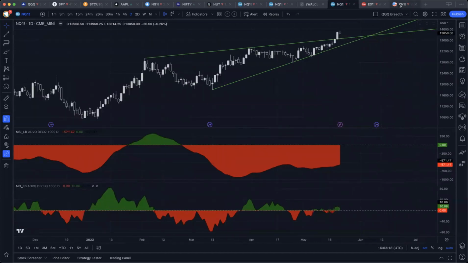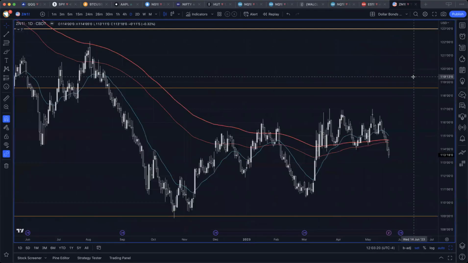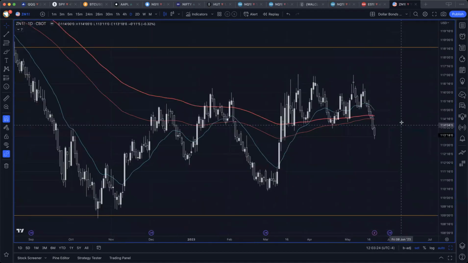Okay. The second reason is bonds. If we go over here and take a look at the 10-year notes, they really broke down last week below support that held in April and in March. And it looks like we're on our way to challenging some of these early March lows again, down around 110 on bonds.